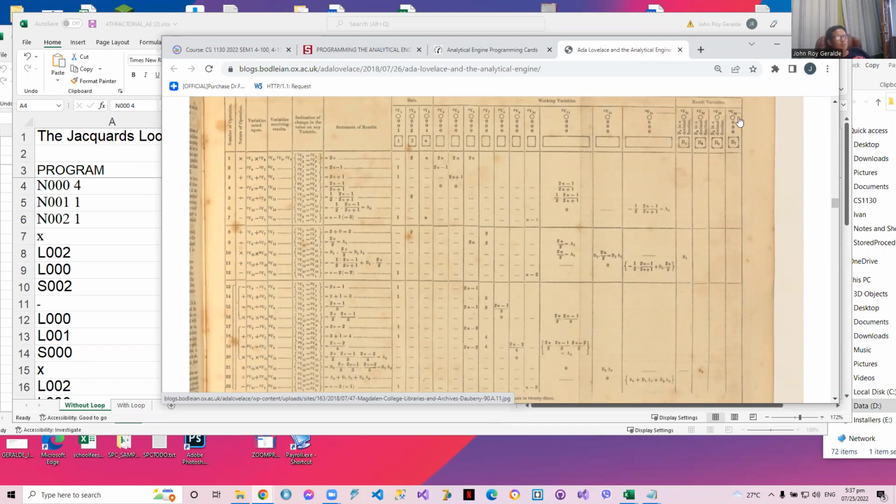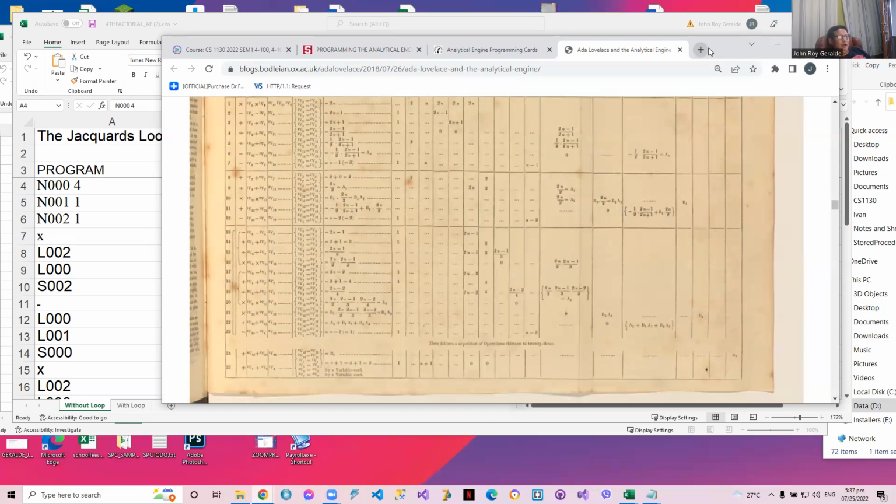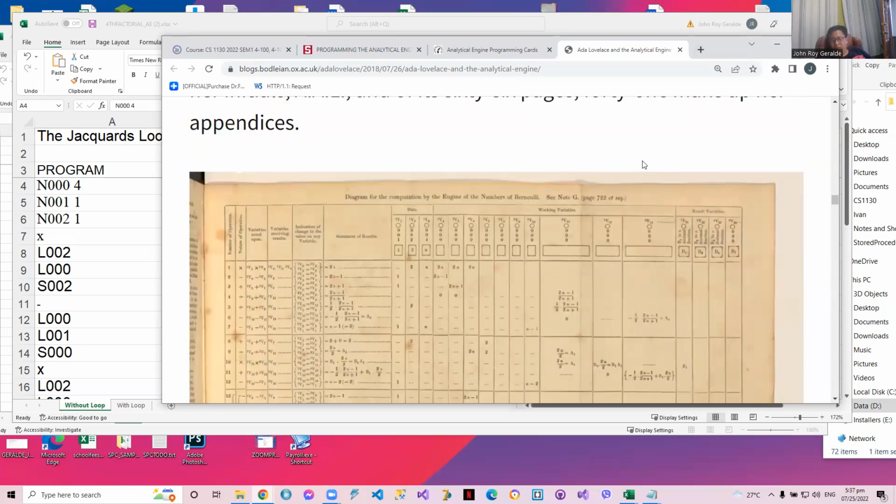These are variables, and these are the resulting variables. Then she has an explanation of what is being done, and then she shows the results here. Do you follow? So she's doing this manually, no? So it's a very cryptic representation.